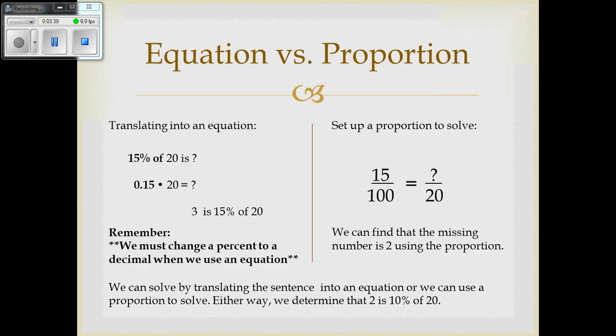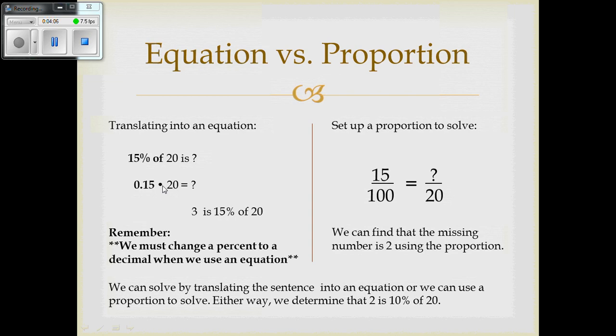We can use both equations and proportions to solve percent problems. On the left, I've shown what happens if we translate this problem, 15% of 20 is what, into an equation. Well, the 15%, in order to use it, we're going to have to turn it into a decimal, and 0.15 is the decimal equivalent of 15%.